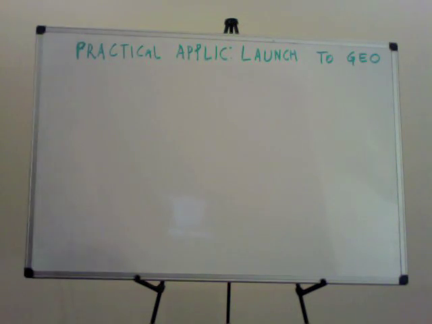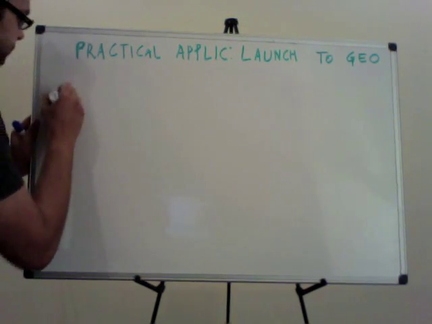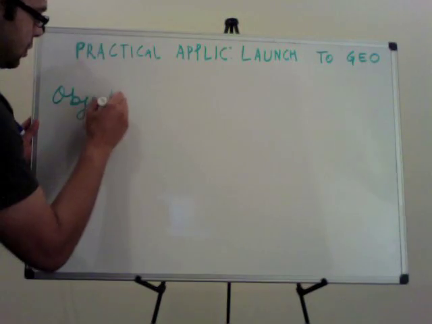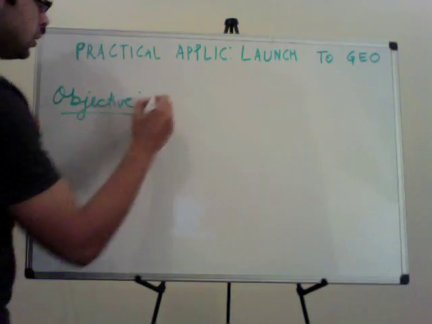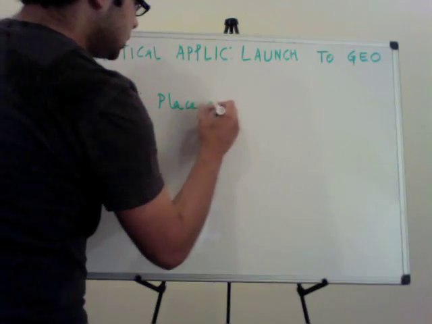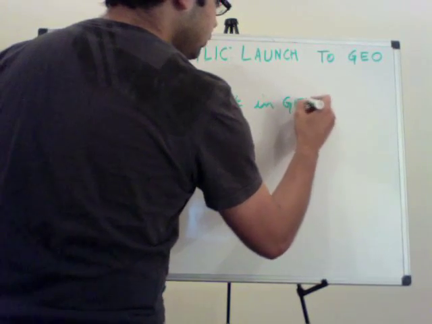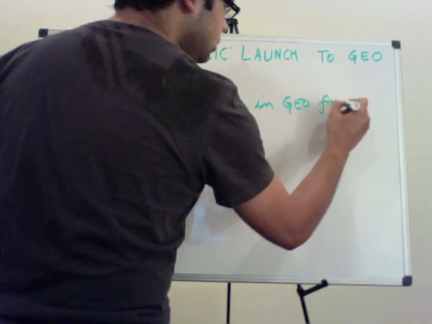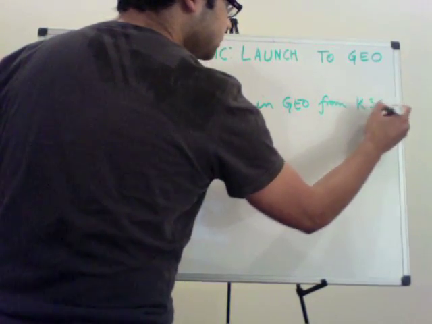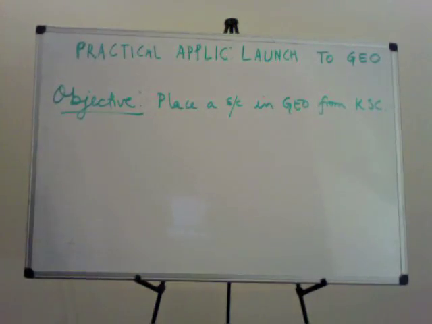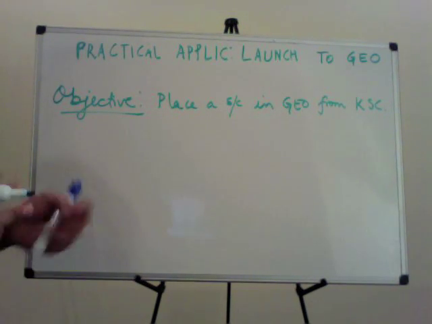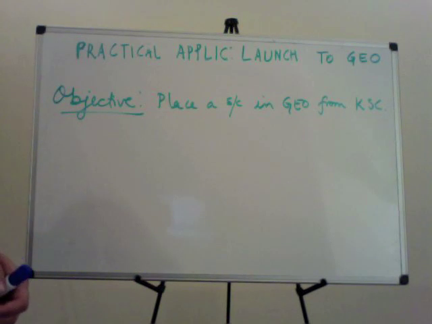Here's our objective: place a spacecraft in GEO starting from the Kennedy Space Center. We all know that geostationary orbits are extremely important because that's where our communication satellites are placed. So this is a very important application.